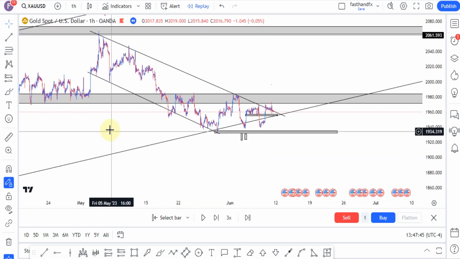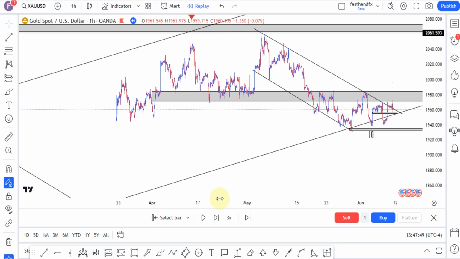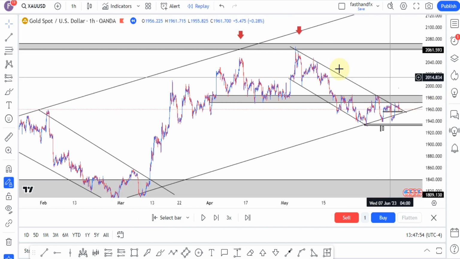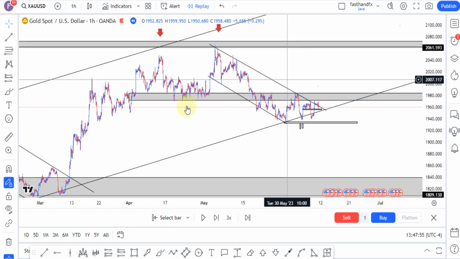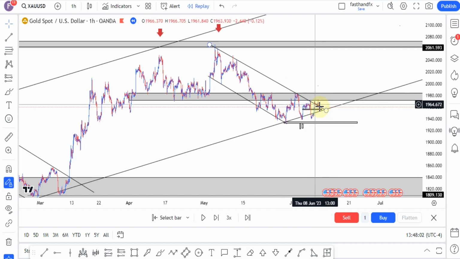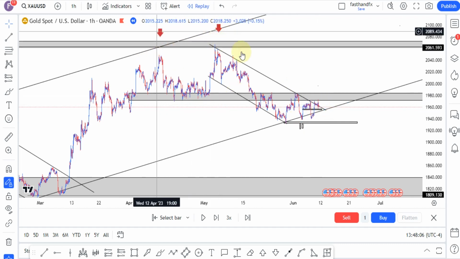So if you can look at this market, this area, as you can already see, this is an area of interest in the 4-hour time frame. In the 4-hour time frame, you can see this is the neckline. The market came, retested this neckline, and didn't break above it. It came down again, came back to retest this neckline from these bigger double tops.